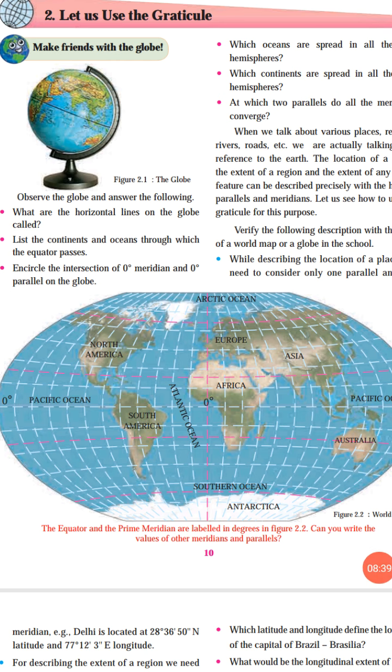And as you can see in this figure, whatever lines are there, parallels or meridians, they are all imaginary lines. It is not an actual line on the globe. It is an imaginary line for our convenience to find the location of a place.